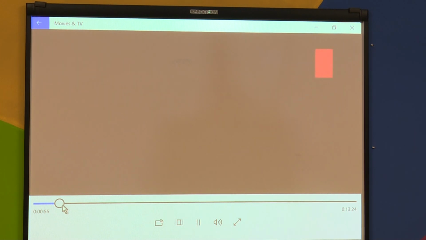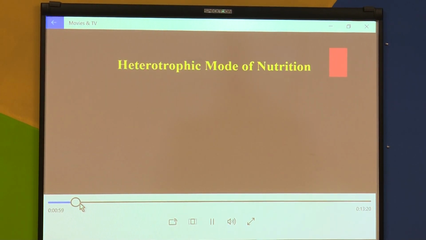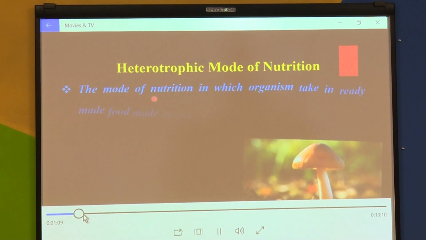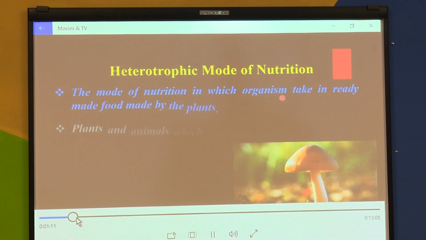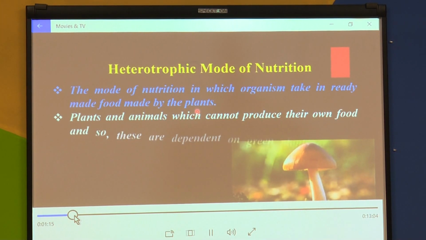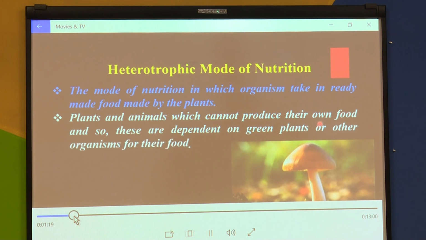So, one more time I am going to repeat what heterotrophic mode of nutrition means. It is the mode of nutrition in which organisms take in ready-made food made by plants. Plants and animals which cannot produce their own food are dependent on green plants or other organisms for their food.